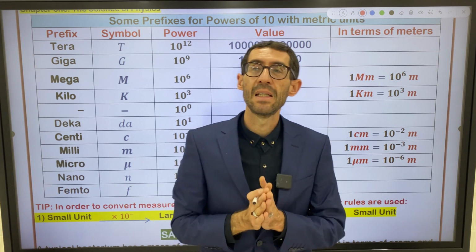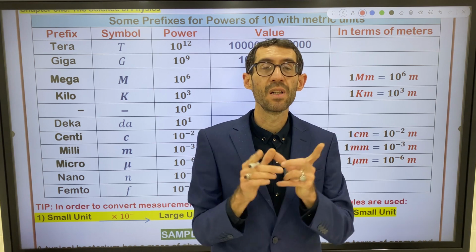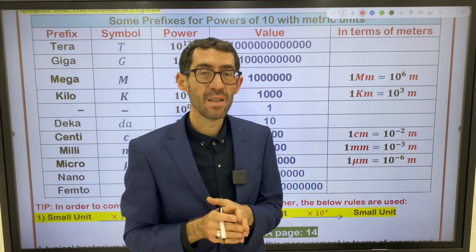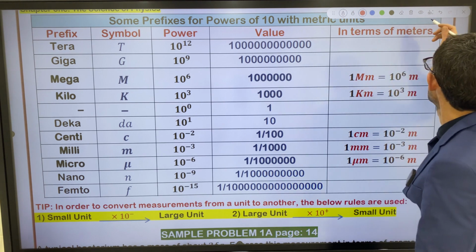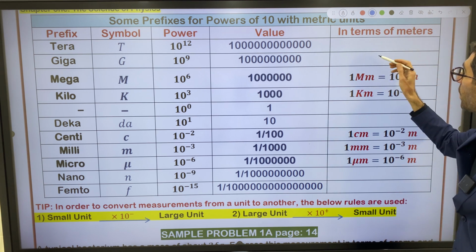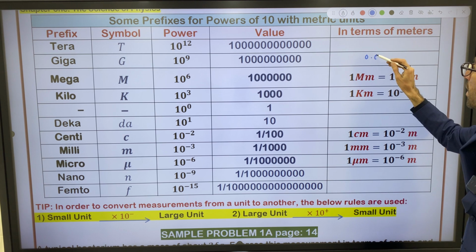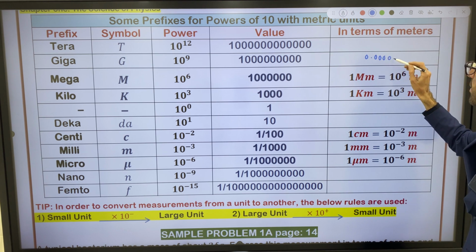For example, the distance between two neighboring atoms in a solid is this. Let me write it for you.